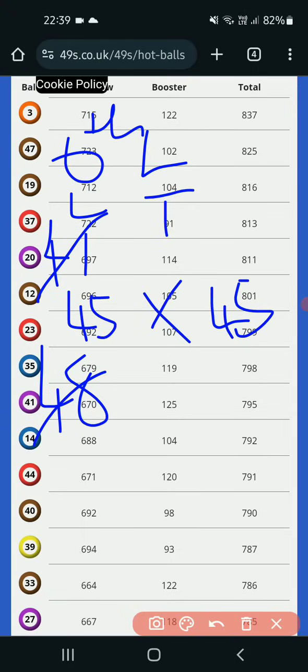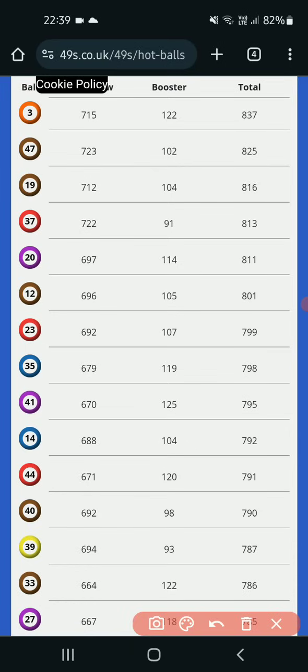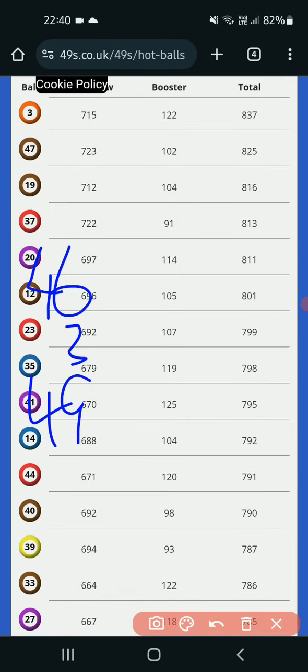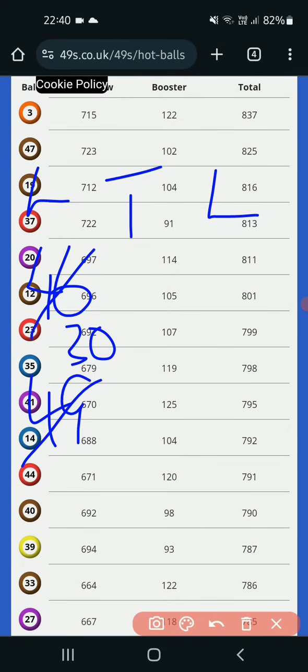Okay, so it has happened on many numbers. I can give you a second number again, which is 30. 30 was sandwiched by 46 and 49. 30 was sitting here. This is lunch, this is tea, this is lunch, right? 46 and 49 played.